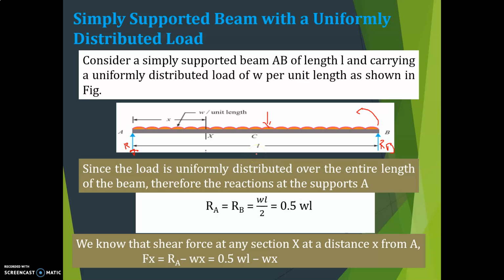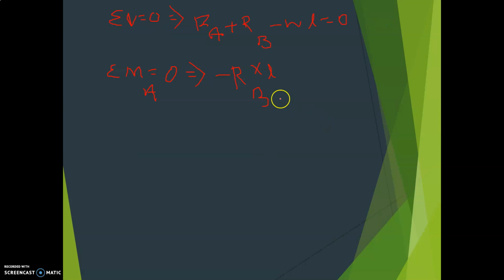Moment is equal to force into perpendicular distance. Here this is the intensity, UDL, W per unit length. So for the perpendicular distance you take W into L into half of the distance, because in a uniformly distributed load the center of gravity acts at the center, so you consider L by 2.